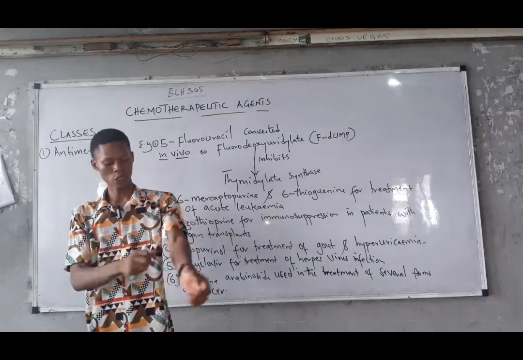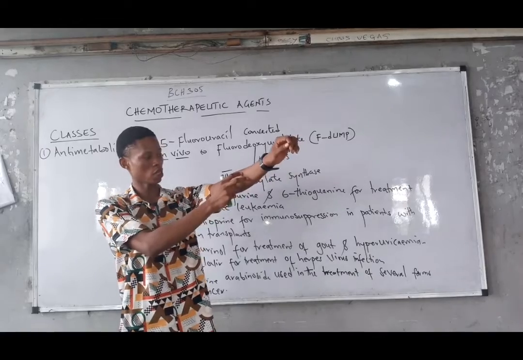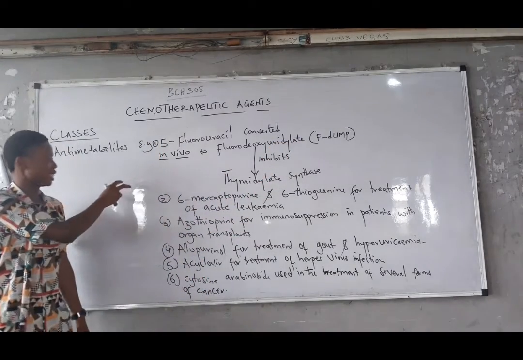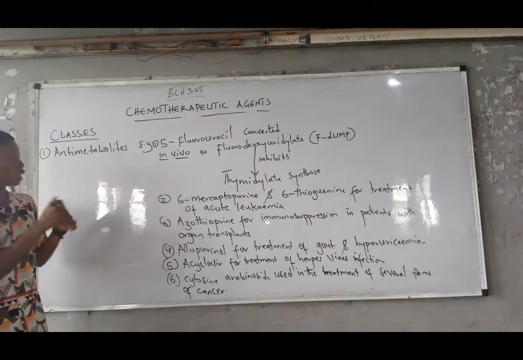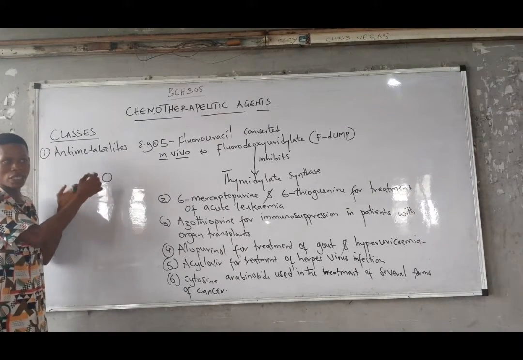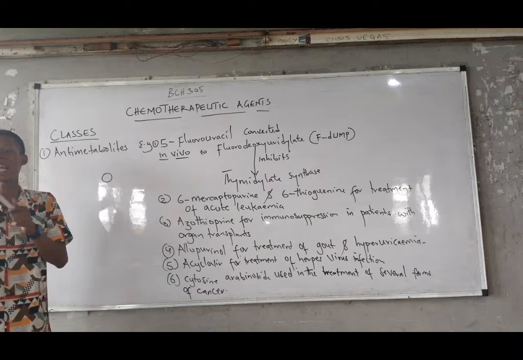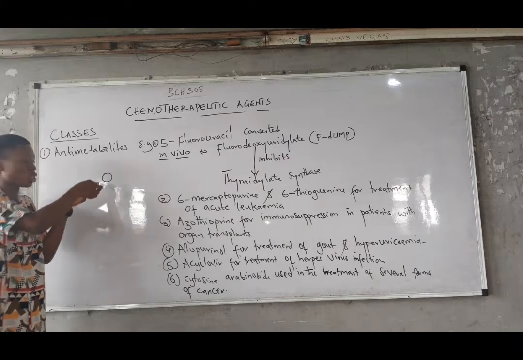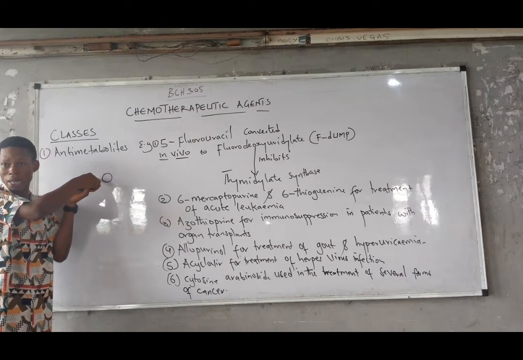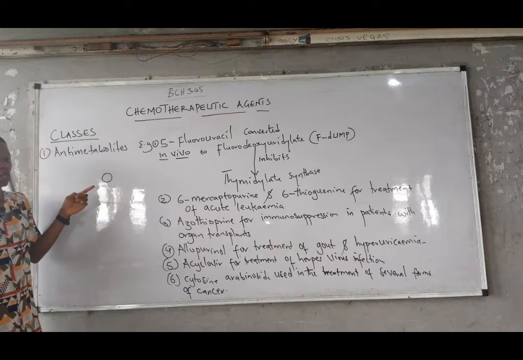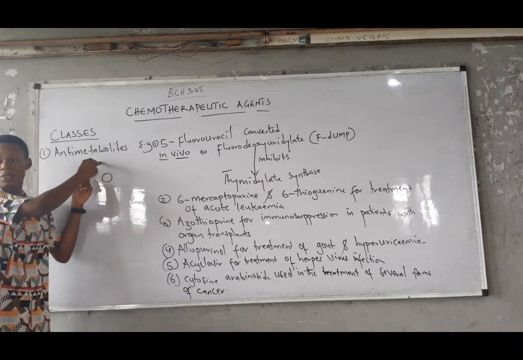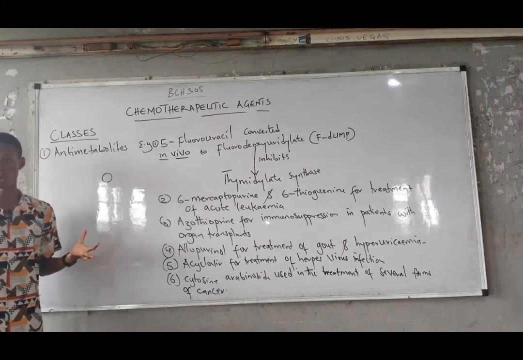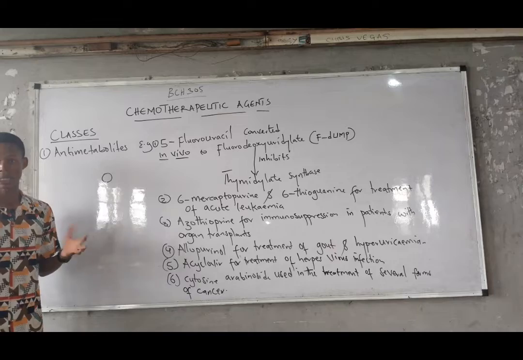That is, let's say the cancer is here. Now, this is a particular spot where the cell is actively dividing. They can physically concentrate the chemotherapeutic agent on this spot, so it will affect only the cells actively dividing here and not the whole body of the organism. Do you get that? All right.